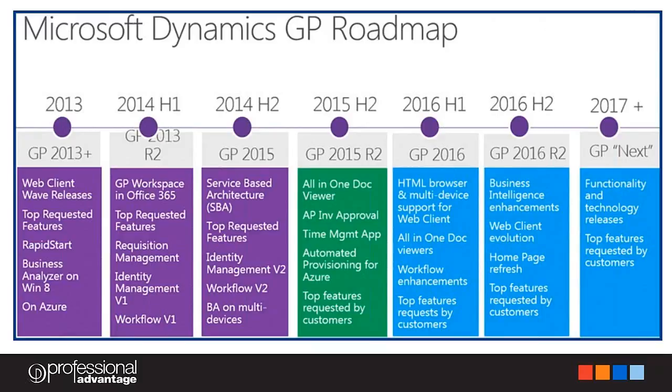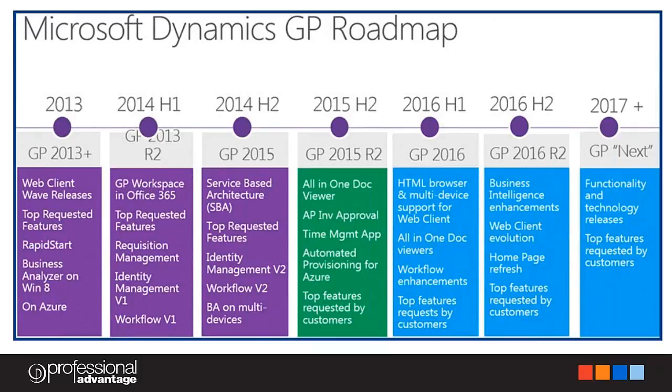There's a couple of things I want to mention. One is Microsoft are already adding features and planning the future for GP 2016 with an R2 release coming later this year. They're also adding features and planning for a release for GP 2017.